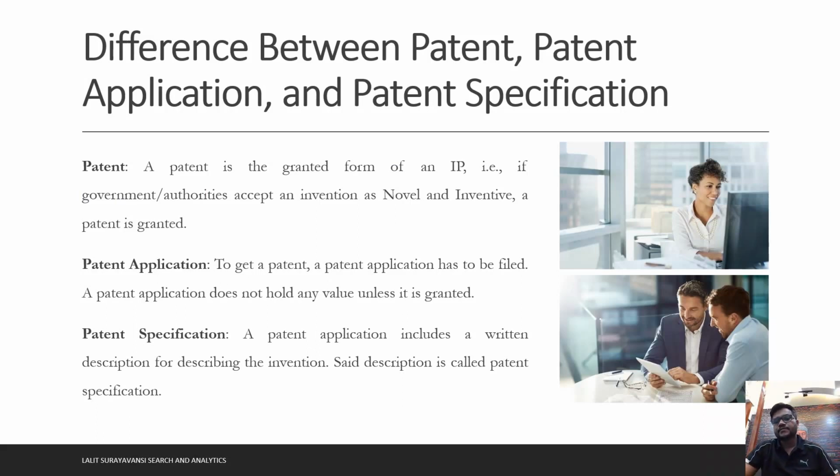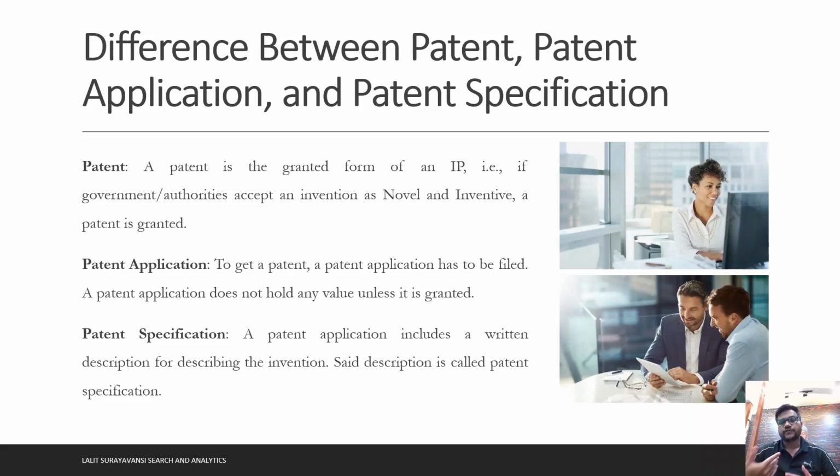So most people don't know the difference between patent application and patent specification. A patent is the final product or the final output. Once you disclose an invention to the public or to the government, you file a patent application. Okay, you don't file a patent, you get a patent, but you have to file a patent application to get a patent.